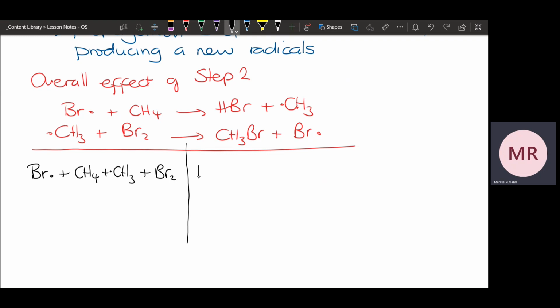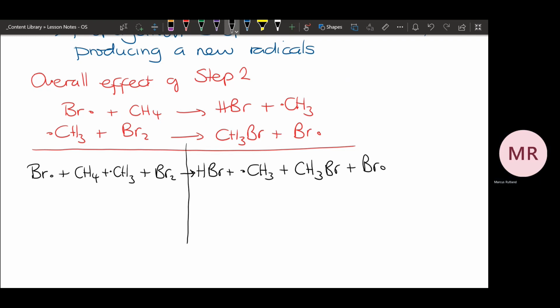Going to everything on the right-hand sides, HBr plus CH3 dot plus CH3Br plus Br dot. Notice it doesn't matter which side the dot goes on.